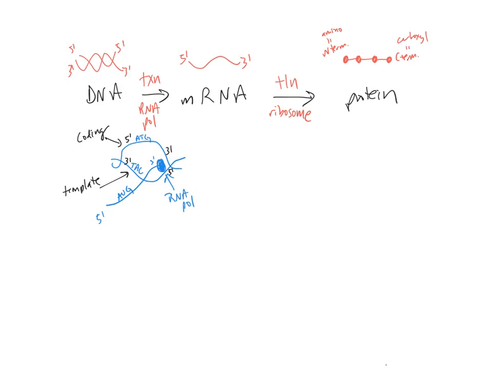Now let's add in a drawing for what translation looks like. Most of our attention has been focused at elongation when we have the small subunit and the large subunit. And we've got our 5' and 3' of our messenger RNA here. We have our AUG in this position. Then we have our transfer RNA here.